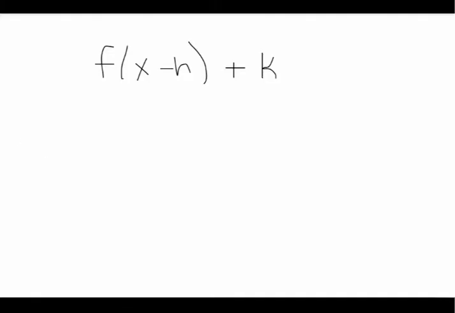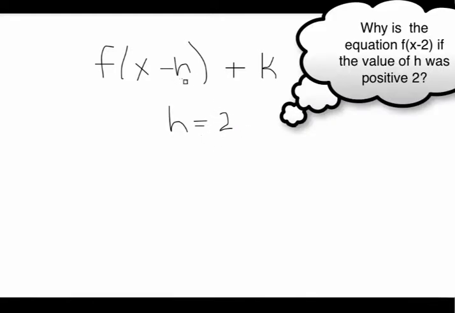Here we have the basic equation of a transformation. Now we said that my h value is 2, right? h equals 2. Now what happens when I substitute the value of h for 2?